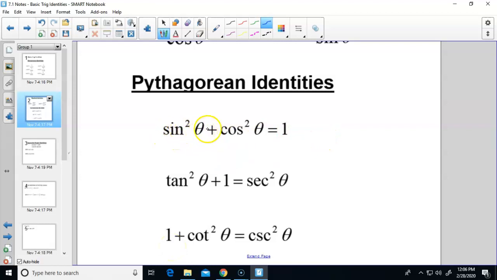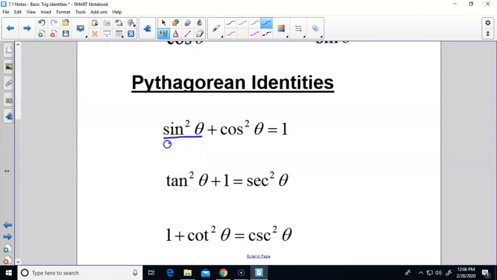So for example, sine squared theta plus cosine squared theta equals 1. You have to know that one, have it memorized. But if we divide everything by cosine squared theta, it gives us tangent squared theta.